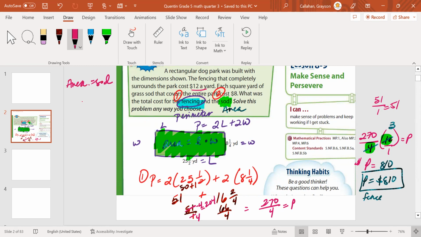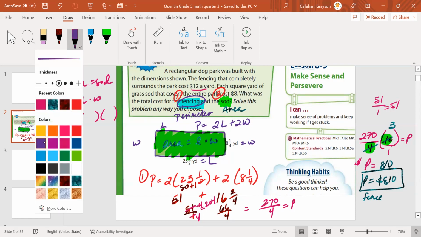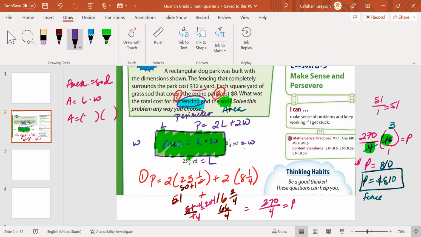area is going to be length times width. What is your length again? What are the two numbers you're going to multiply together? Your length is going to be 25 and 1/2. Your width is going to be 8 and 1/4. So multiply that out. What's their area? What's your answer once you multiply it?